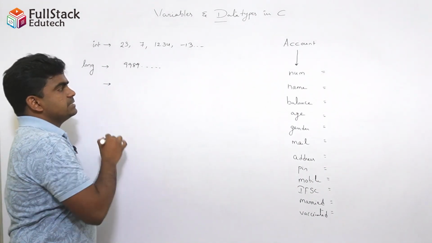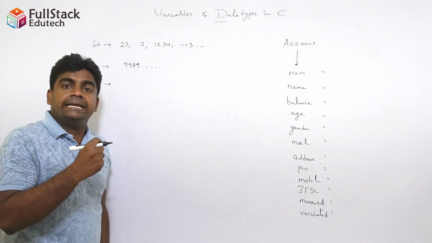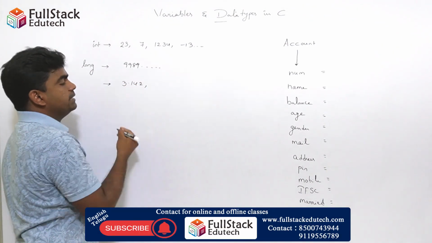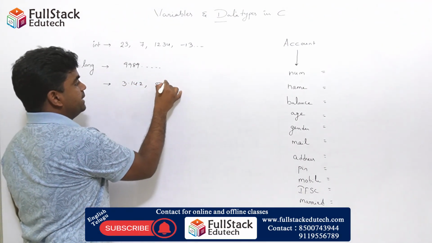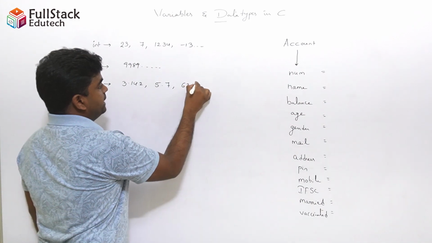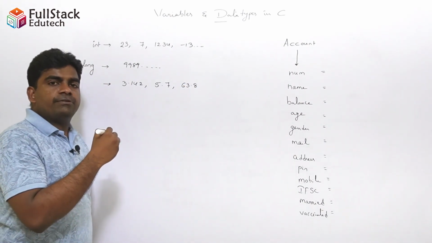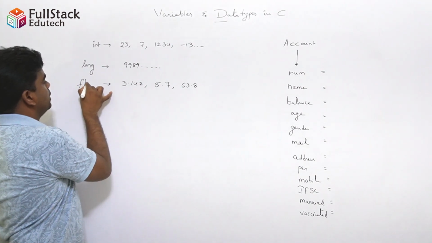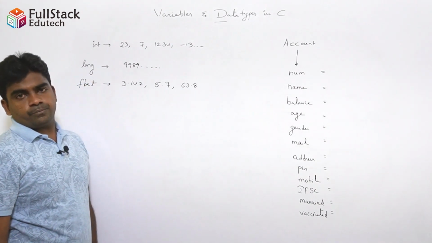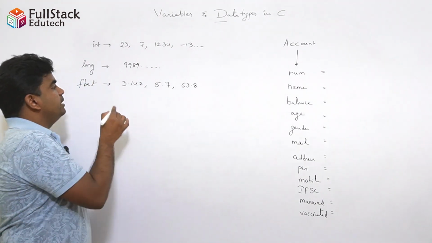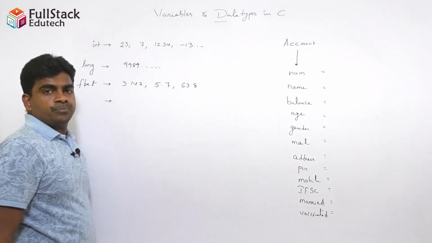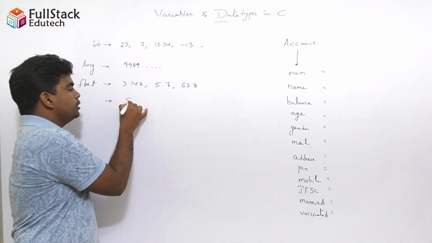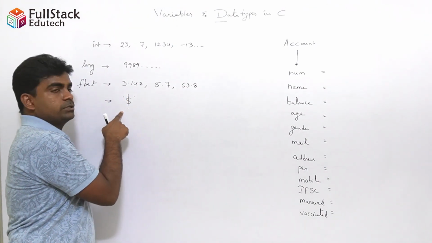The third one is if you want to store any decimal value, like 3.142, the pi value, a person's height, a person's weight. If you want to store these types of decimal values, you can go with float or double. The next one, if you want to store any single character, like dollar, put it in single quotes.